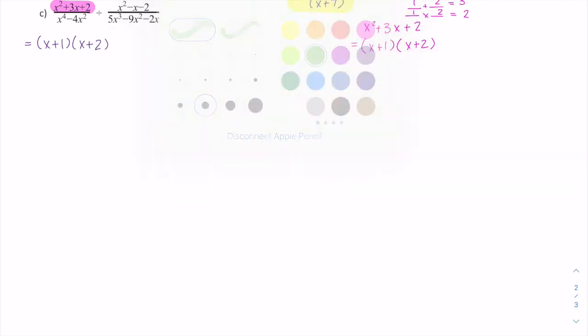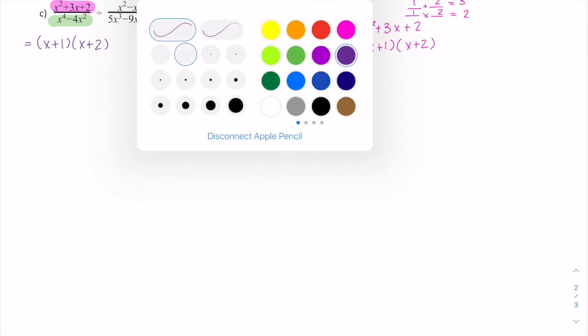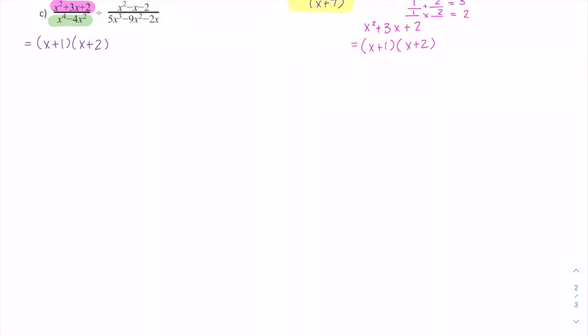Now let's factor this here. So we have x to the power 4 minus 4x squared. So when we're factoring, we always start by common factoring out as much as possible. So in this case, I can common factor out an x squared. So I'm left with x squared minus 4.